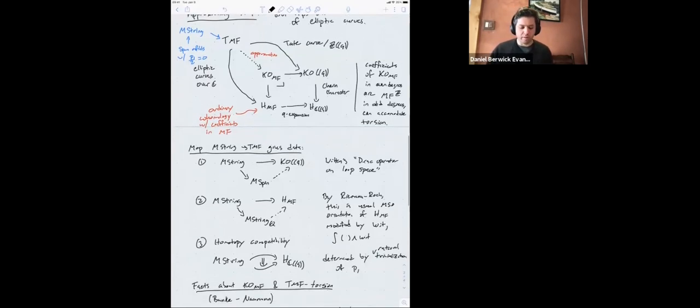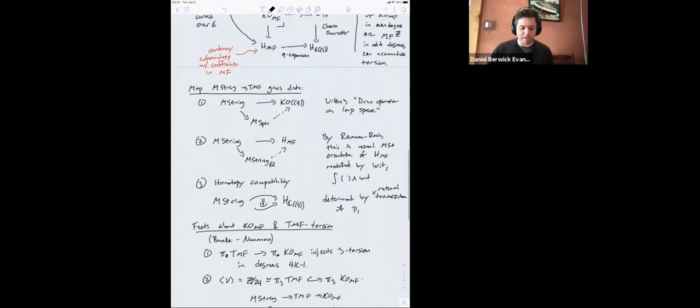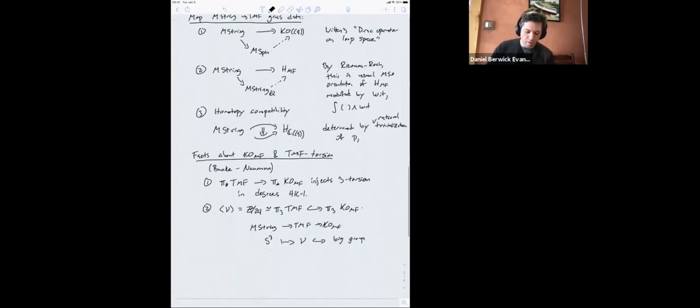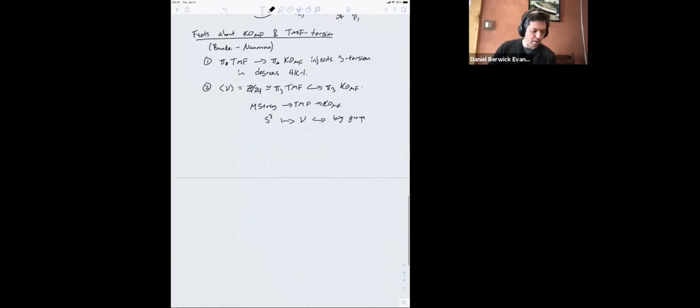And furthermore, that orientation actually has some interesting torsion invariants in it related to, for example, pi3 of TMF. All right, so the next thing I want to talk about are the other side of this conjecture, these supersymmetric field theories.